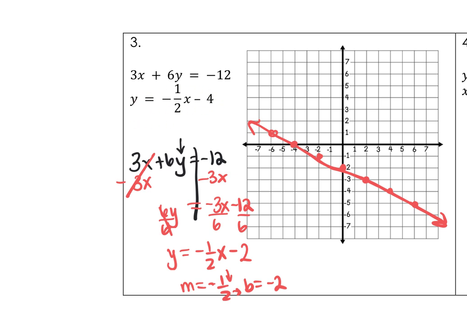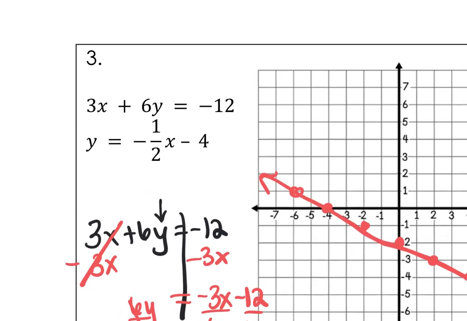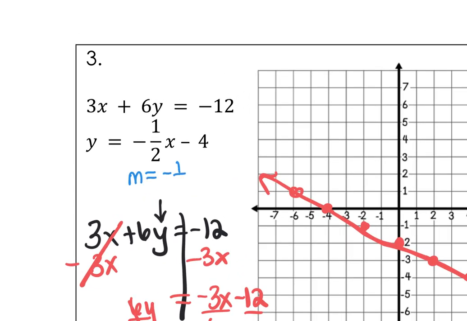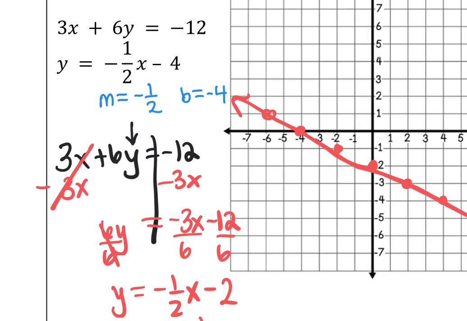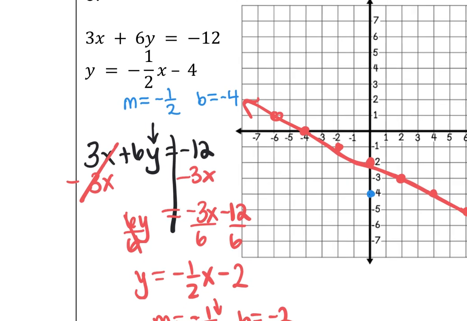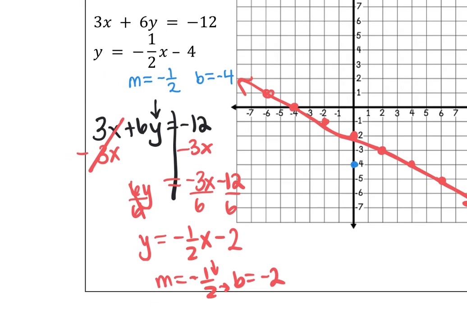My second equation is already in that y equals mx plus b form. M, the slope, is -1/2, and b, the y-intercept, is -4. Does this line have something in common with the line we've already drawn? It has the same m.